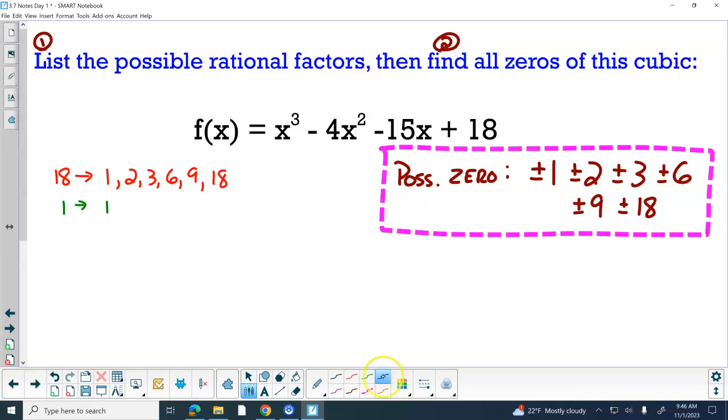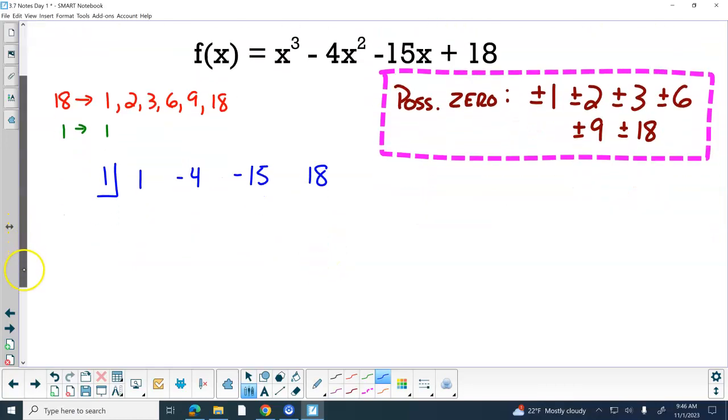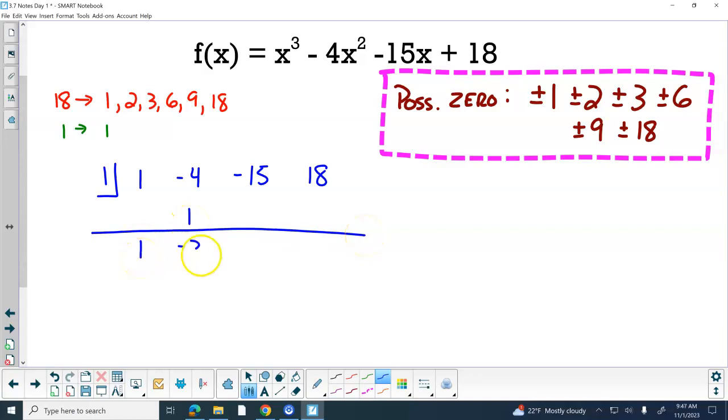Okay? So if I do 1, because that was the first one that I heard, then I've got 1, -4, -15, and +18. Drop, multiply, add, multiply, add, multiply, add.